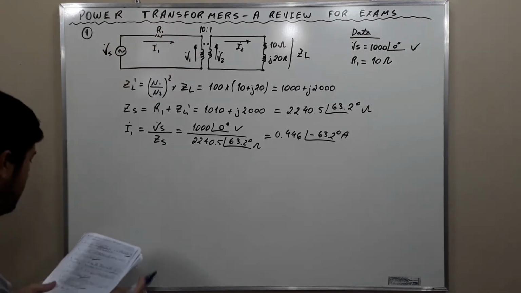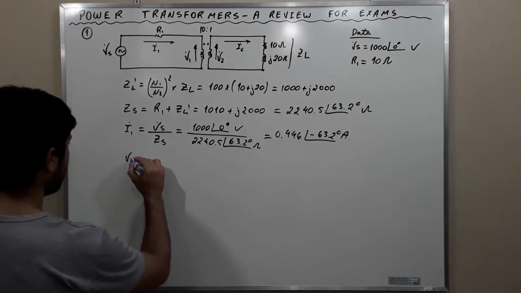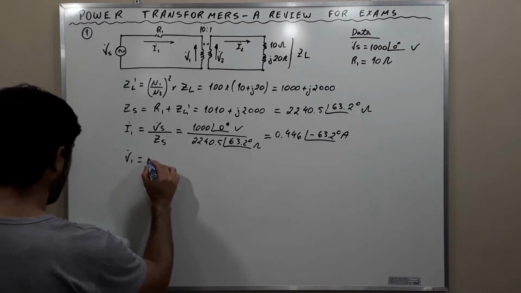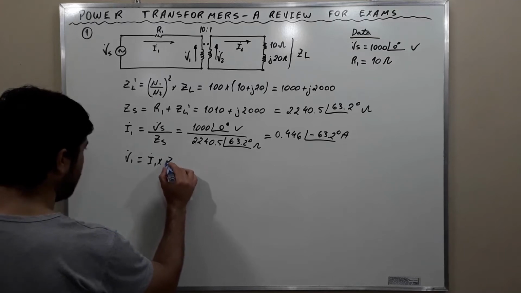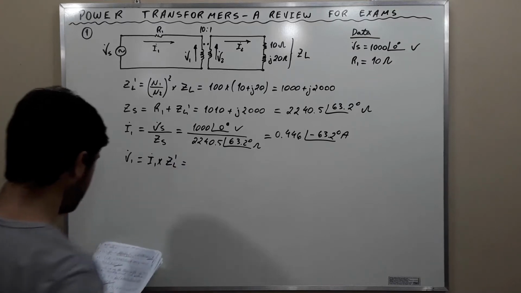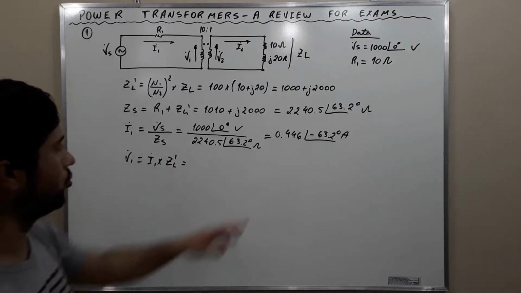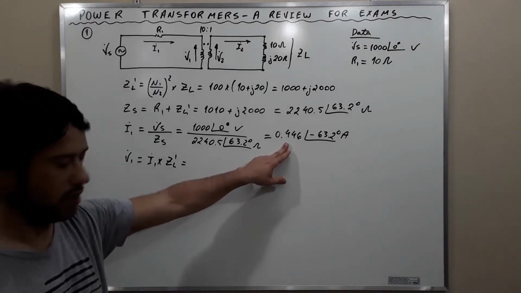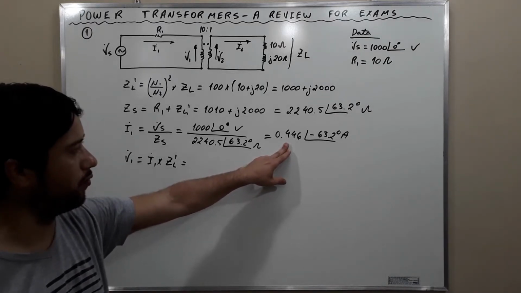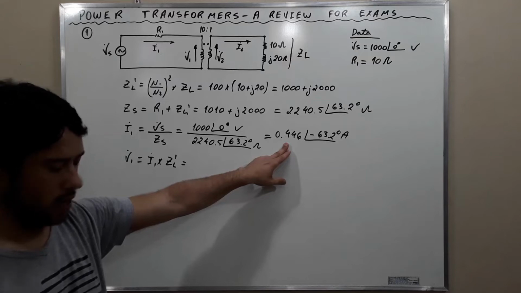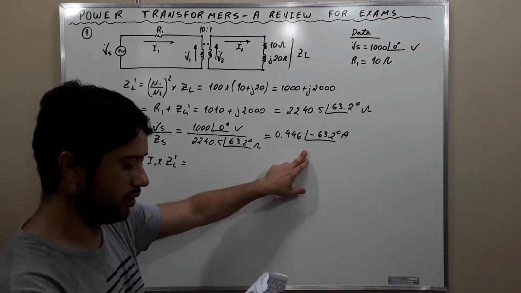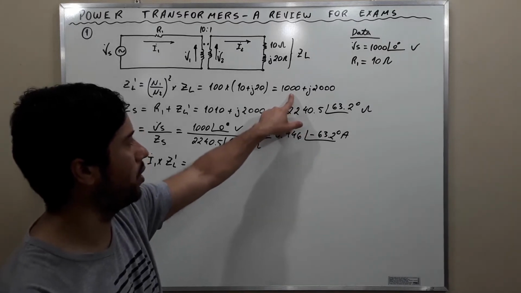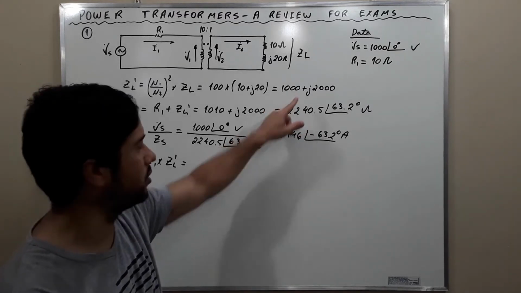So V1 is equal to I1 times ZL prime, which is 0.446 phase negative 63.2 degrees amperes times 1000 plus j2000.